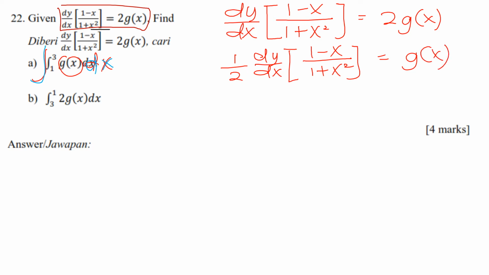You move the 2 from your right to the left. Now when you compare to the question in part A, you shall see that you have an integration sign. So I'm going to add in my integration sign to my right and to my left as well. So now I'm safe.